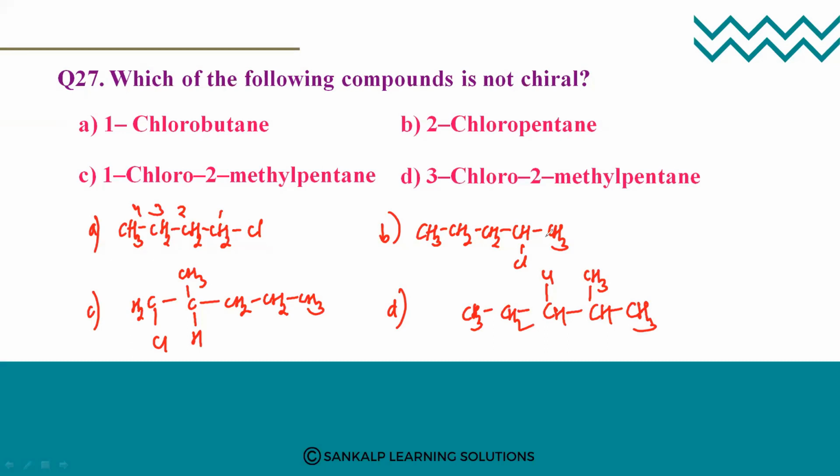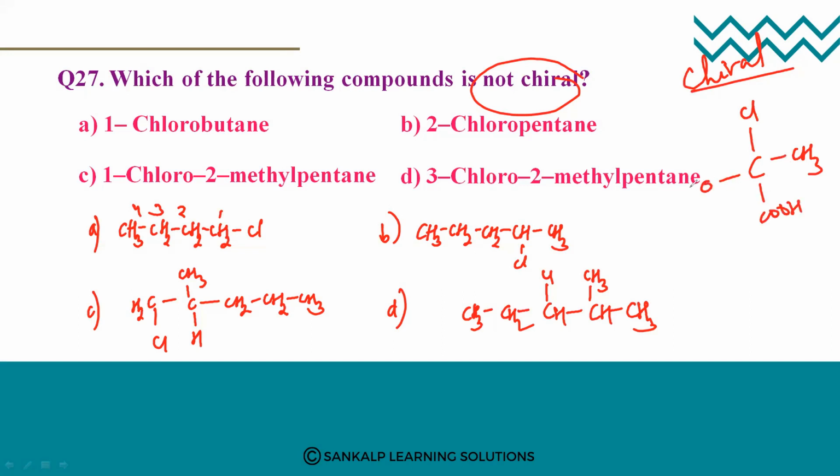Khadija has answered D. Darshan has answered A. What about others? Nagaratna, C. They have asked what is not chiral. First, understand the meaning of chiral. Chiral means a carbon having four different groups or atoms.